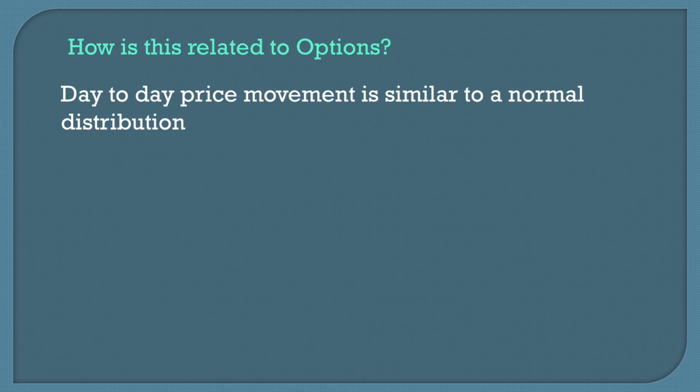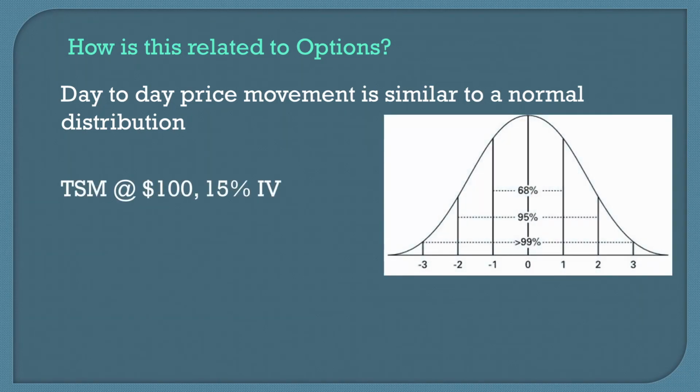Here's an example of how to do it. Let's say the stock TSM is currently at $100 with 15% implied volatility. To calculate how much TSM will move based on 1 standard deviation, you multiply TSM's current price by its implied volatility. So a 1 standard deviation move is $15. Treat the center of the normal distribution as TSM's current price. As 1 standard deviation is $15, this means 1 standard deviation above is $115 and 1 standard deviation below is $85.